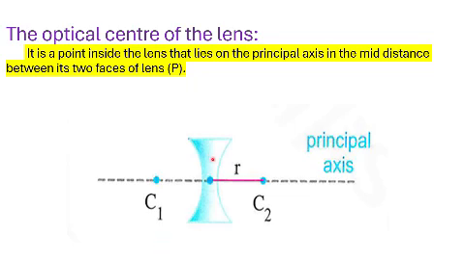This point in the middle is called the optical center. As I mentioned, it takes letter P. This is the optical center, which is located at the middle of the lens. So to define the optical center, it is a point inside the lens, lying on the principal axis at the mid-distance between the two spherical faces of the lens.